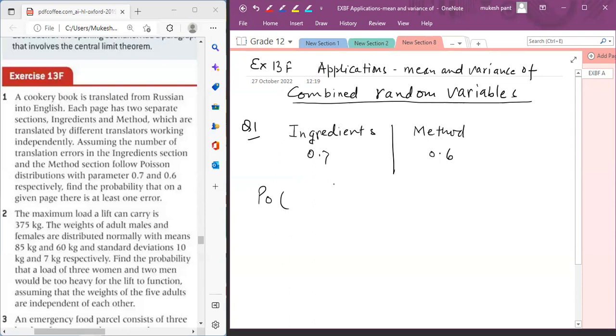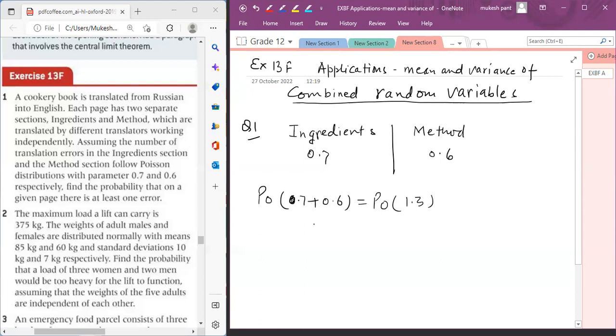We will have a new parameter, adding these 2 parameters, 0.7 plus 0.6. So the new distribution will be Poisson, and its new parameter will be 1.3. Why 1.3? Because 0.7 plus 0.6 is 1.3, right?